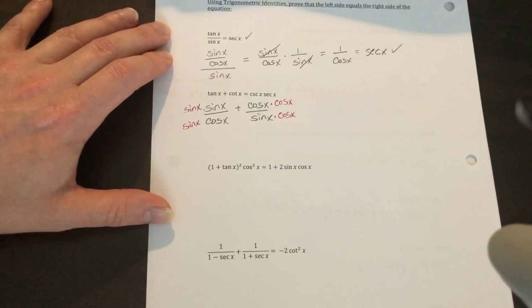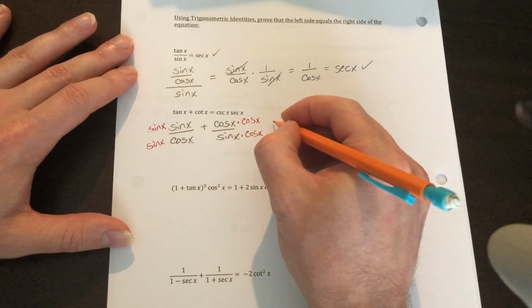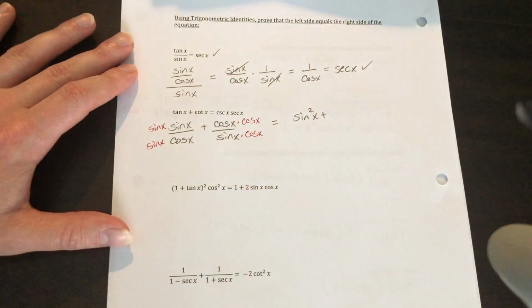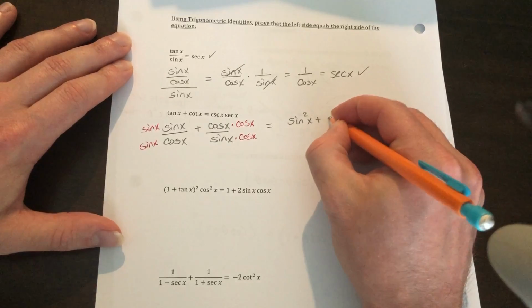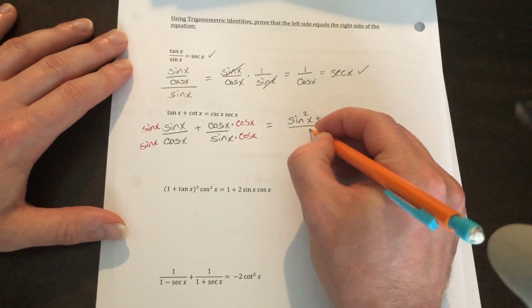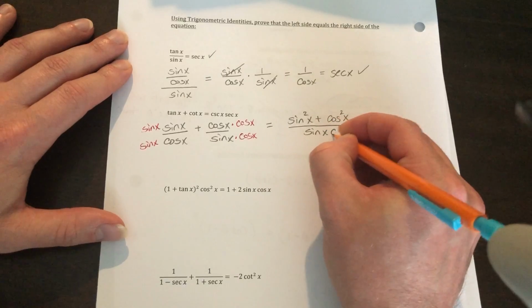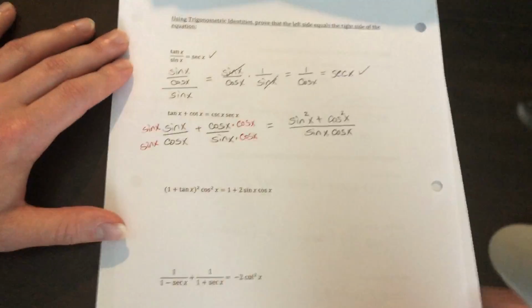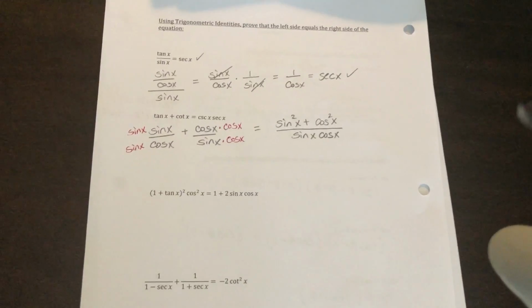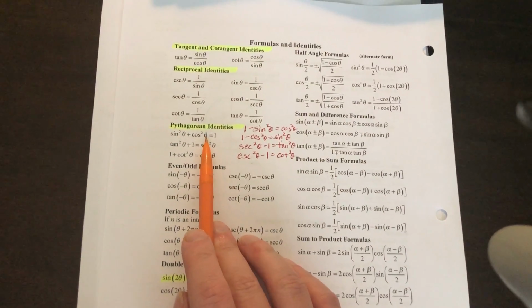Okay? So sine times sine is sine squared. Cosine times cosine is cosine squared. And that's all over sine of x, cosine of x. Now, we should know that sine squared plus cosine squared is equal to 1.